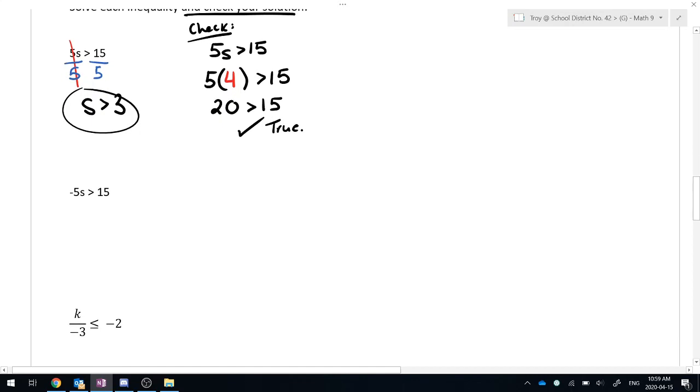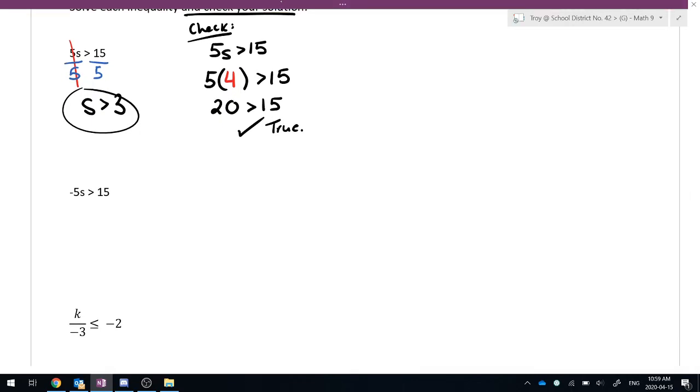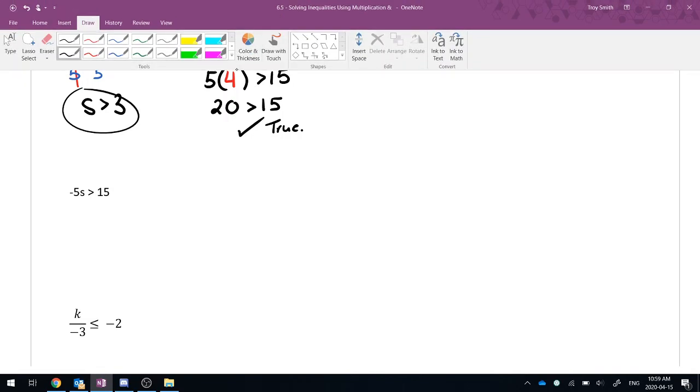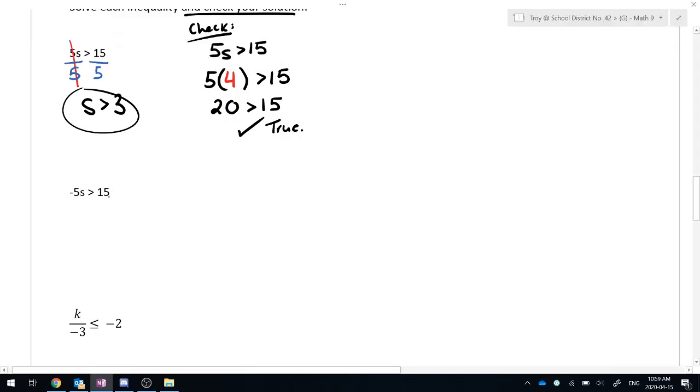Negative 5s is greater than 15. So again, here we're multiplying negative 5 times s, so our opposite operation is going to be division. So divide by negative 5 on both sides.